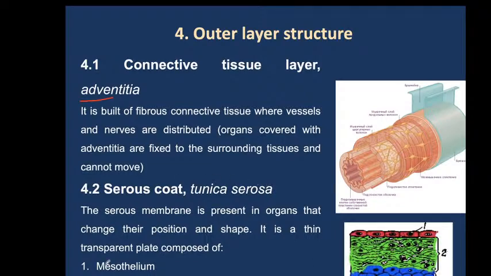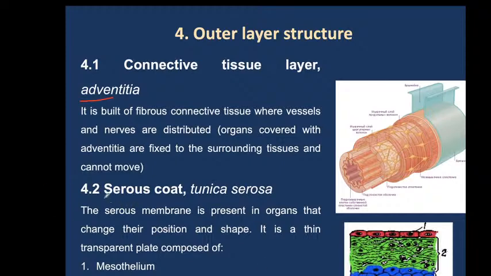Serous coat we call tunica serosa. This is a serous membrane, and usually it is present for organs in the chest and abdominal cavity. Very often an organ has a serous coat when it changes its position in the area. This is a combination of three layers, and we call it serous coat because of the term serous.